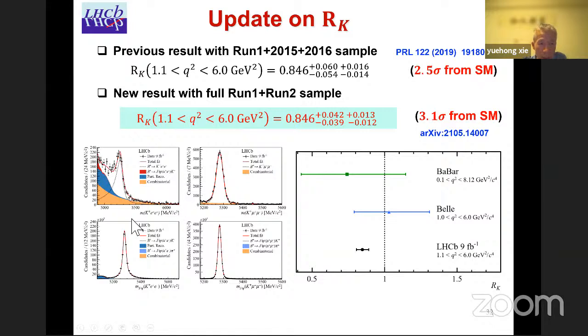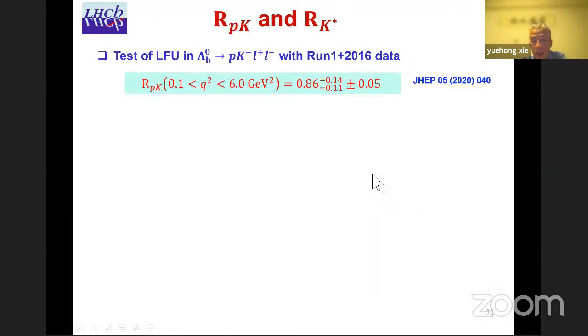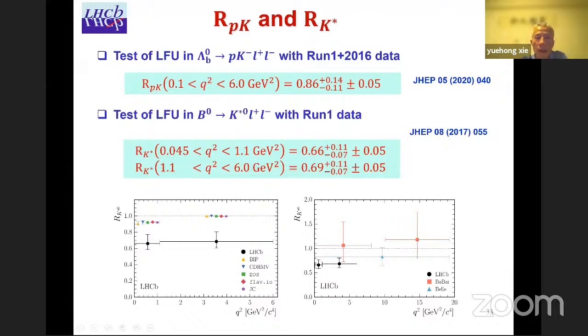On the left, you can see the K mu mu and K e e distributions, for the signal channels on the left and the control channels on the right. The right plot compares the LHCb recent results with the Belle and the BaBar experimental results. We also studied lepton flavor universality in other decays, such as Lambda b to p K l l, and the measured value is also below unity, although with a sizable uncertainty.